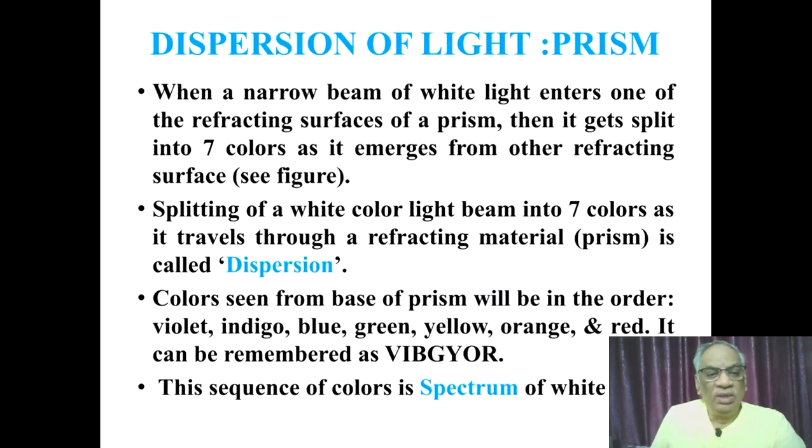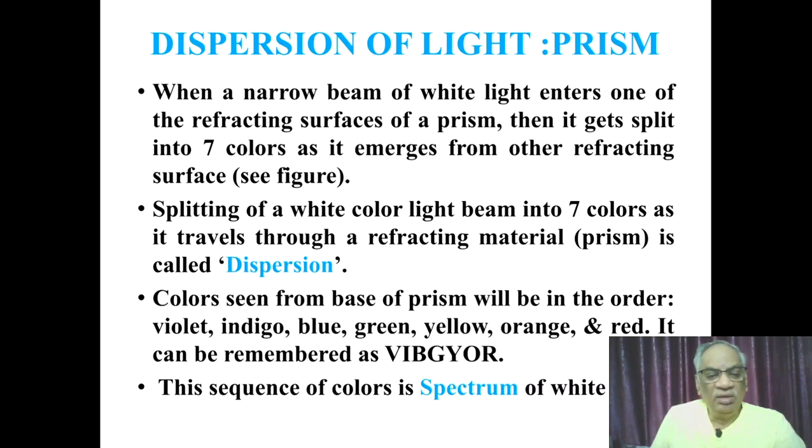Now let us see about dispersion of light, that is separation of light into different colors. When a narrow beam of white light enters one of the refracting surfaces of a prism, it gets split into 7 colors as it emerges from the other refracting surface. Splitting of a white light beam into 7 colors as it travels through a refracting material is called dispersion.